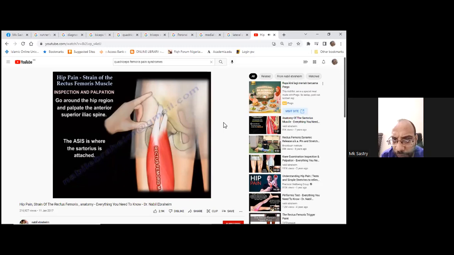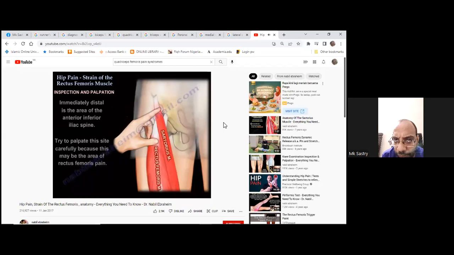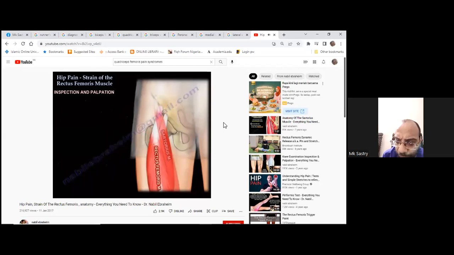You go around the hip region. You try to palpate the anterior superior iliac spine. That is where the sartorius is attached. Immediately distal to that, you find a soft spot or a little groove followed by the anterior inferior iliac spine. You try to palpate that site carefully because it may be a rectus femoris sprain if this area is painful.